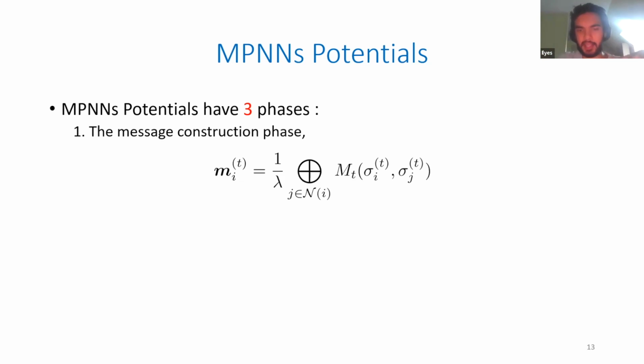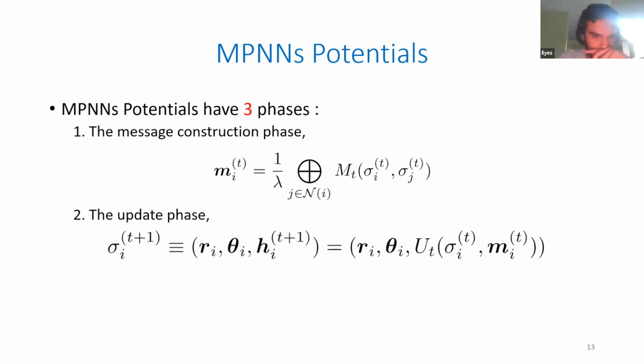This gathering can take several forms, but you can think of it as just a sum in most MPNNs. This forms your message on i, m_i, and you do that at each iteration. Then you update the state of the atom with an update function that is a function of both this gathered message and the previous state of the atom. And thus you create a new feature, h_i at time t+1.